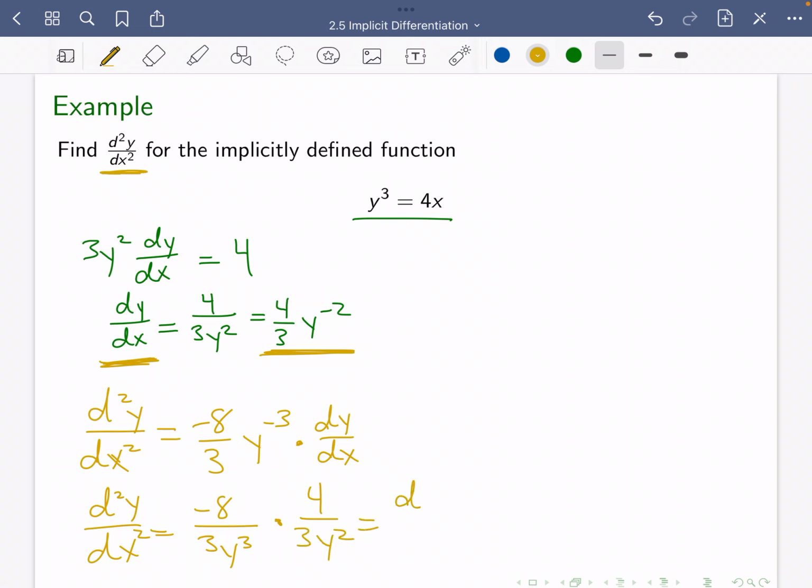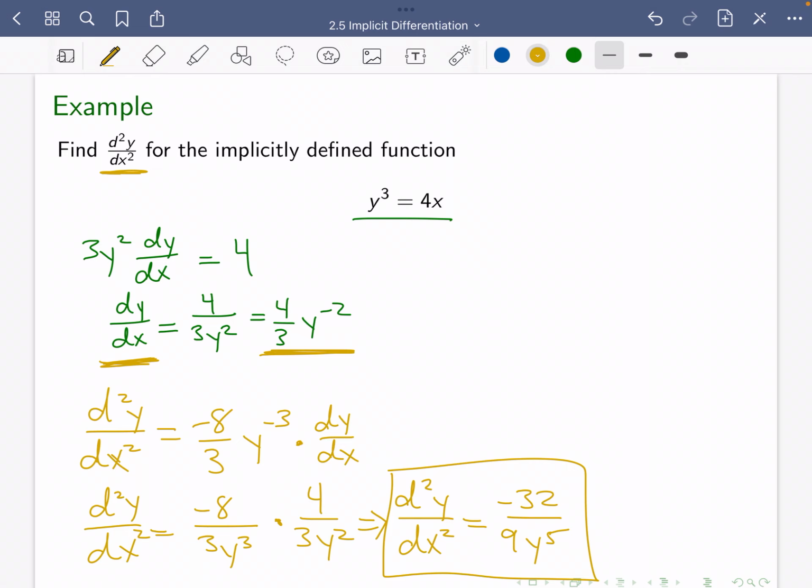And so our second derivative of y with respect to x is equal to negative 32 over 9y to the 5th. So that is our second derivative.